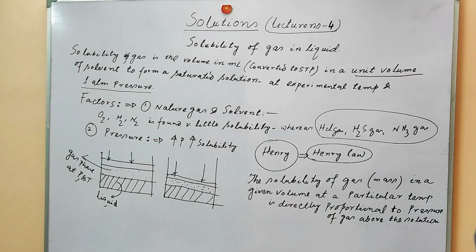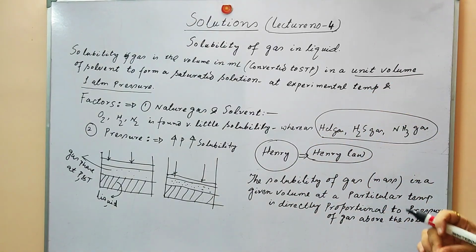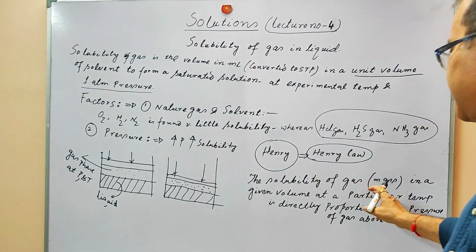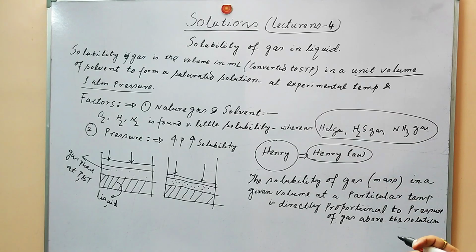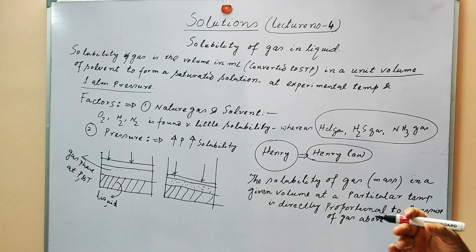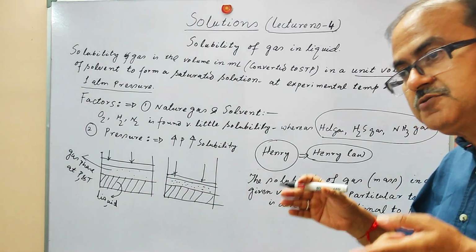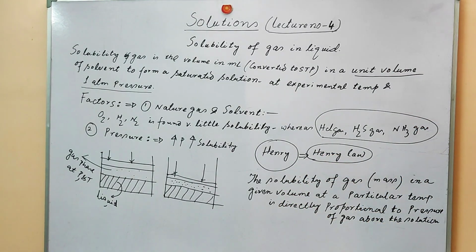Henry states that the solubility of the gas in the liquid, that is the mass of the gas in a given volume of the liquid at a particular temperature, is directly proportional to the pressure of the gas above the solution.